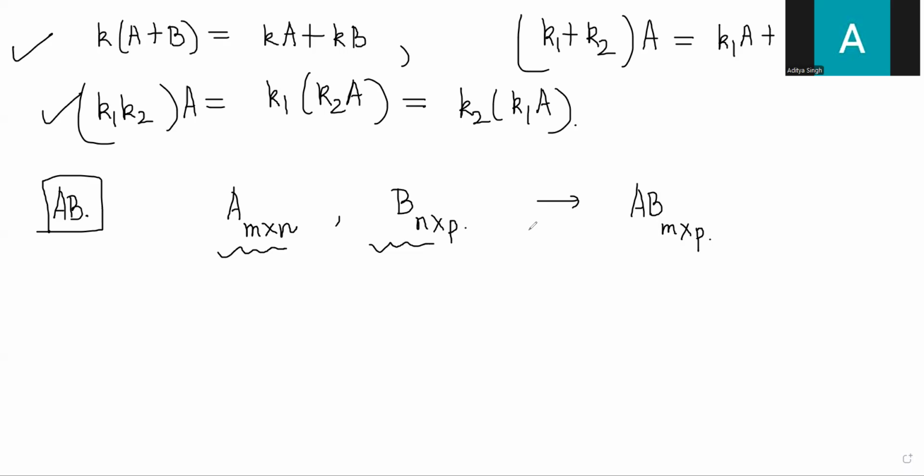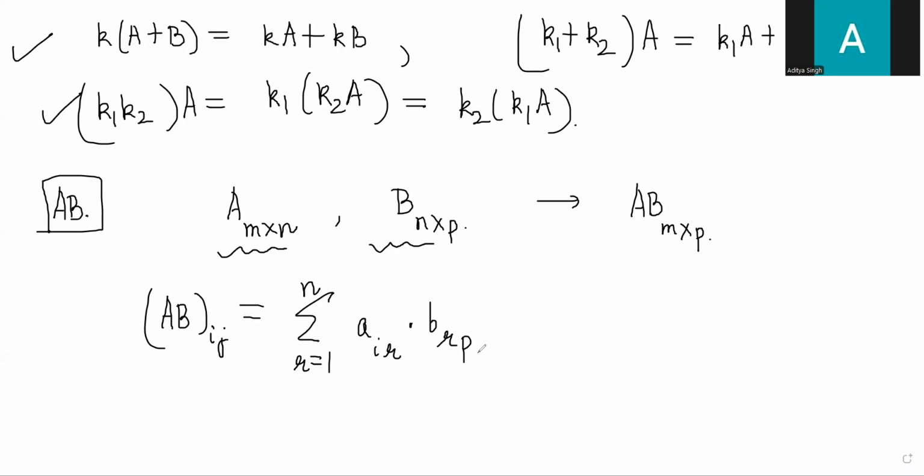So you can write the element ij of the product matrix as the sum over a dummy variable r, where r goes from 1 to n, of a_ir times b_rj, because we are creating the element ij here, right? Do you understand what notation I am writing here?